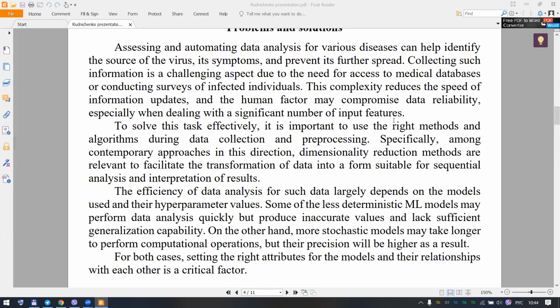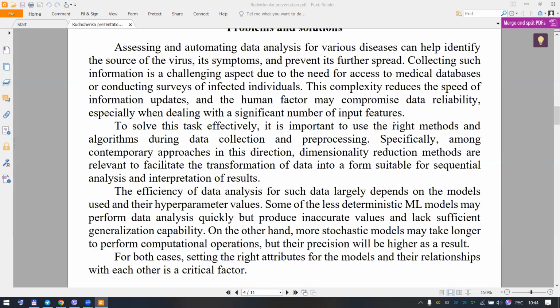It's a big problem because we haven't got any big data sets of actual modern information. This complexity reduces the speed of information updates, and the human factor may compromise data reliability, especially when dealing with a significant number of input features.